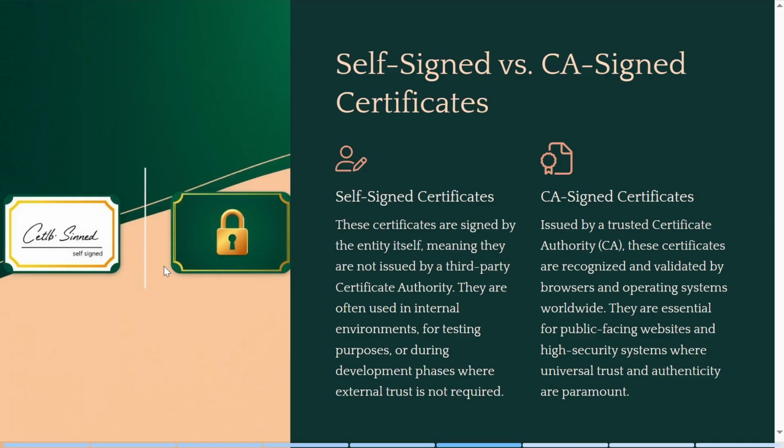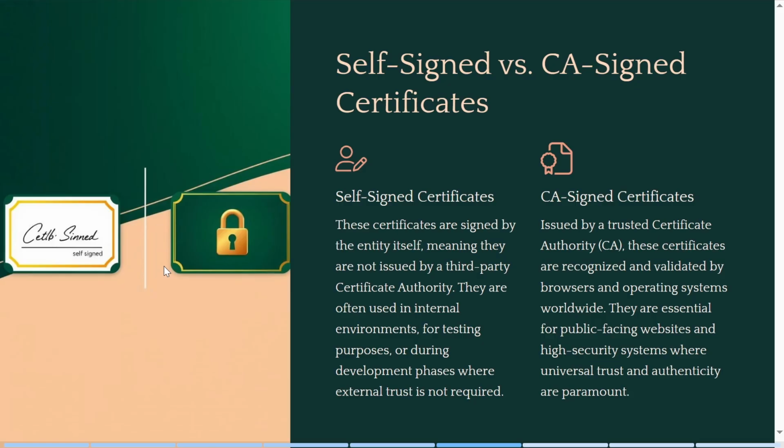Okay, it means that they are not issued by a third-party authority, or they are not issued by a trusted source. They are just signed by themselves. Okay, so we don't use self-signed certificates in production or customer-facing sites. These are just for testing purposes or internal purposes during the development or testing phases.